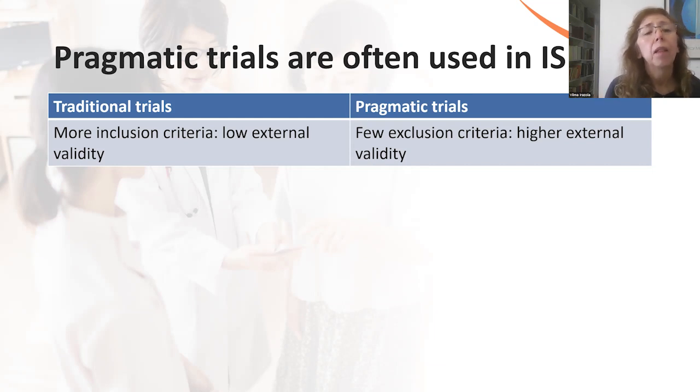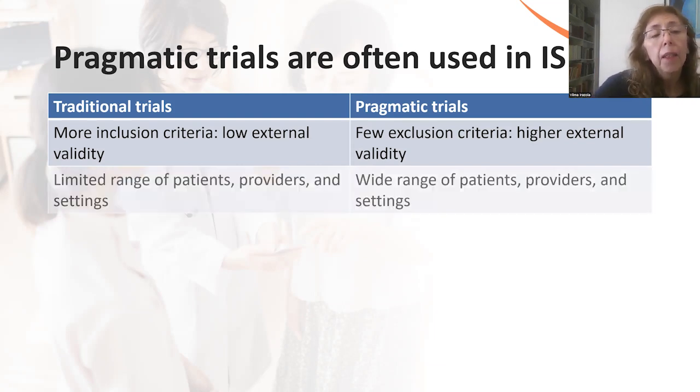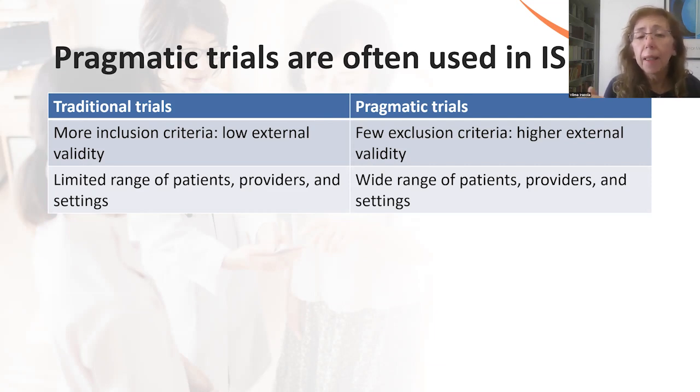On the other hand, pragmatic trials usually have few exclusion criteria, and because of that, higher external validity and generalizability of the results. In the same way, more traditional explanatory trials usually include a limited, very restrictive range of individuals, providers, or settings, while pragmatic trials include a wider range of participants, gaining again in generalizability of their findings.